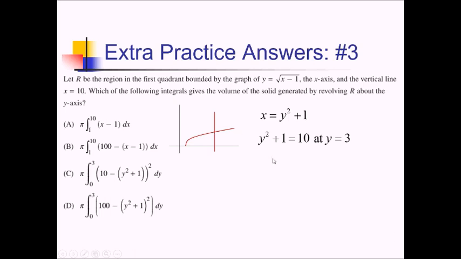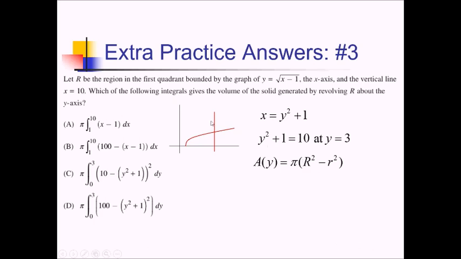All right, so now I need to figure out the area function. Well, because I have this gap here between my bounded region and the axis of revolution, that means I have to use washers rather than disks for my revolution cross-section. So I'm going to write A of y equals pi times big R squared minus little r squared.